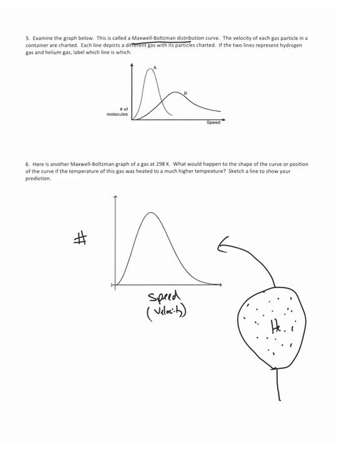This bell-shaped curve is looking at how many gas particles have this exact speed. As you can see with the bell-shaped curve, some have very low and some have very high, and those somewhere in the middle is the average speed of the gas particles. Okay?